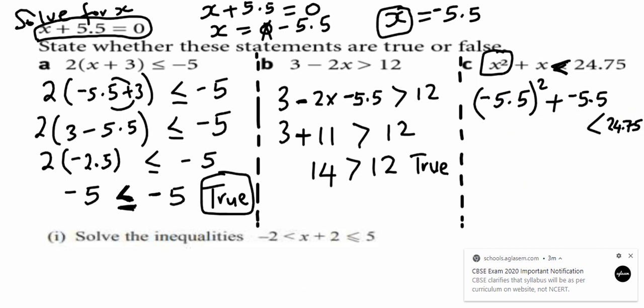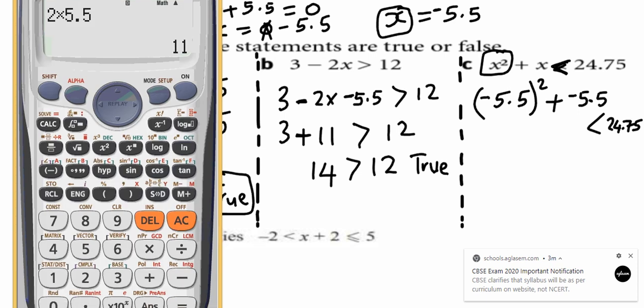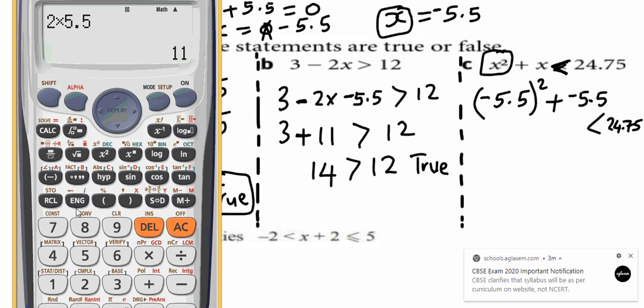You can take a calculator and do negative 5.5 in brackets squared. We have got 30.25.